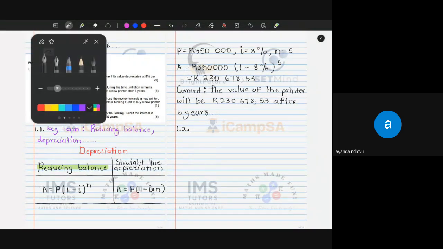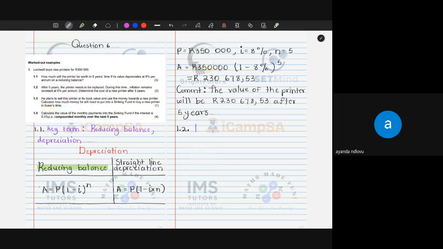So we should remember that inflation increases prices. And this is the interesting part.